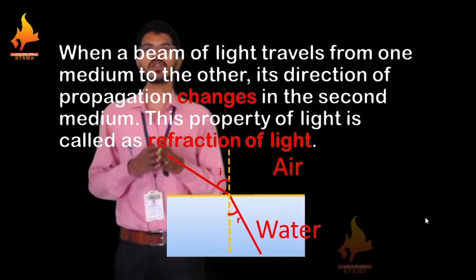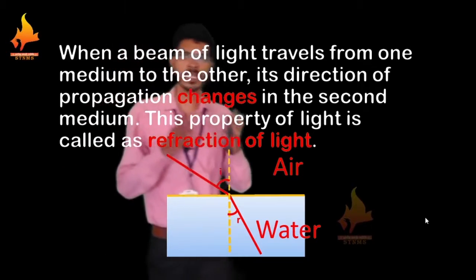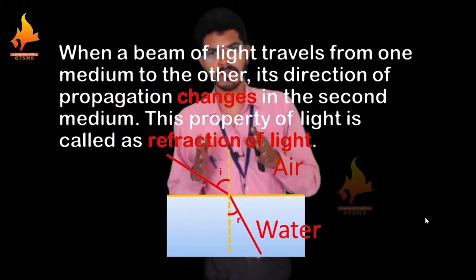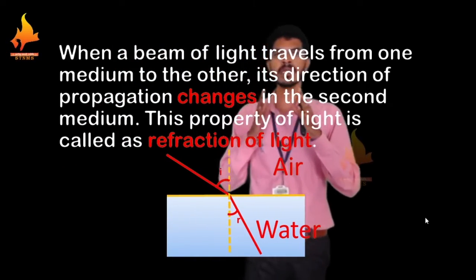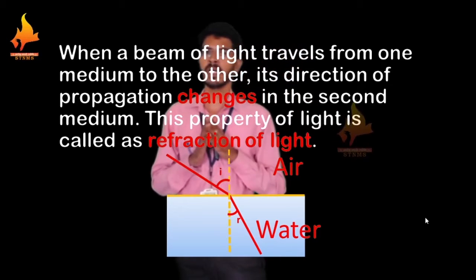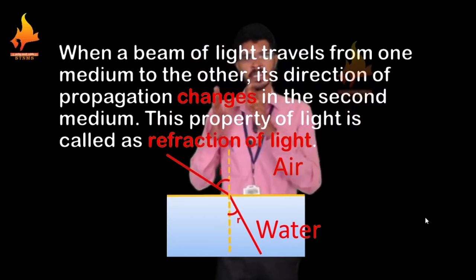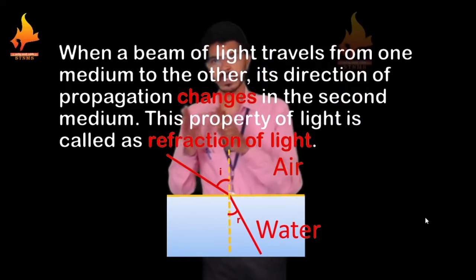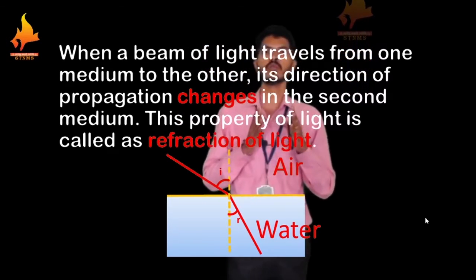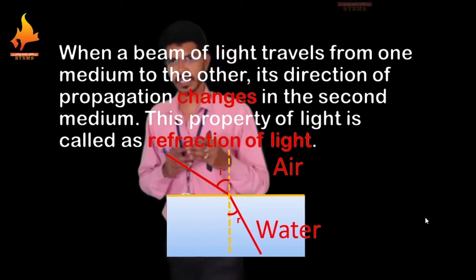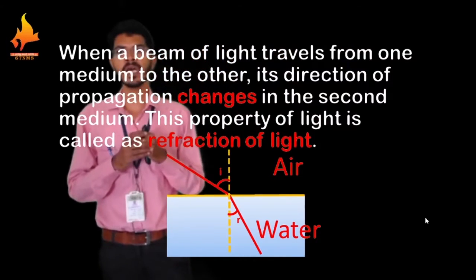So from this we can say that when a ray of light passes from a rarer media to a denser media, it moves towards the normal. Here in this case, the rarer media is air.